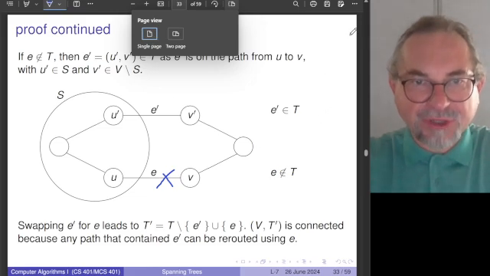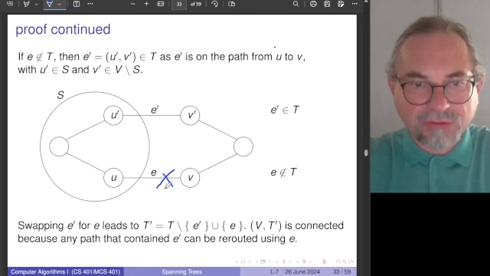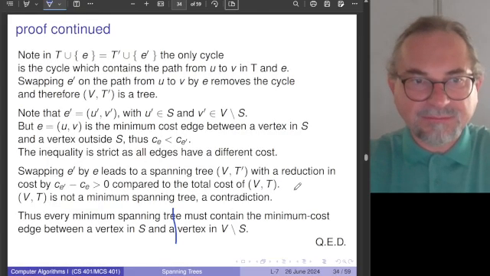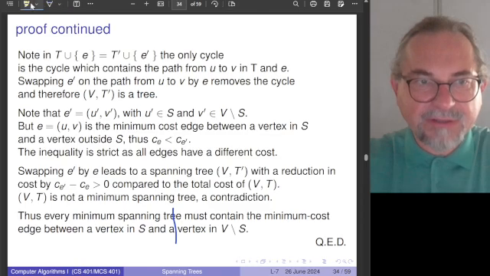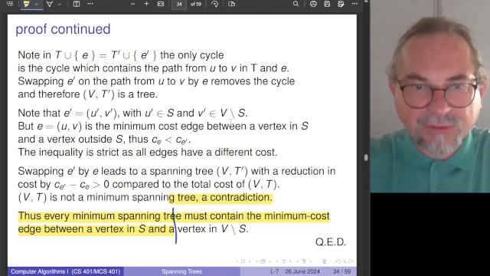So there is this picture, the picture proof. You work with the assumption that T does not contain E, but then you can define T prime that does contain E, just by swapping. We have the cycle, and with this cycle, we can do the exchange.